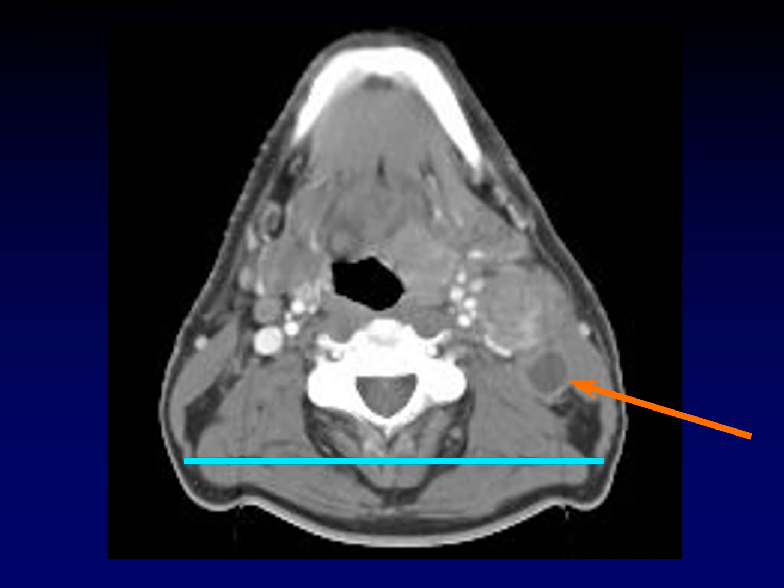That line is the dividing line between levels 2, 3, 4 and level 5. So this thing is anterior to that line. It's not in level 5. Level 5's back here. Because we're so high up in the neck, we're above the level of the hyoid. That's the jaw. We're above the level of the hyoid. We're still in level 2. That's a level 2 lymph node.